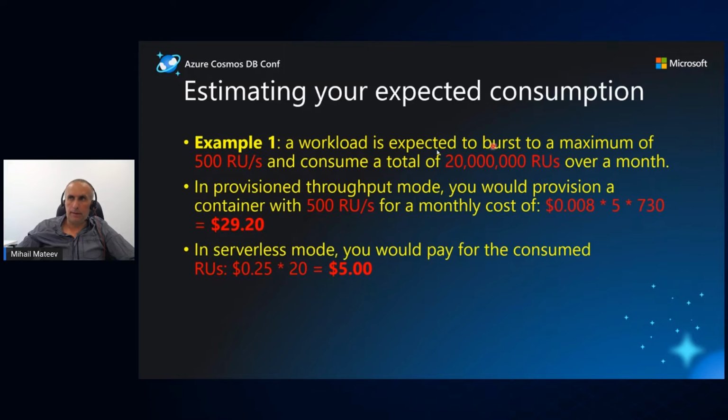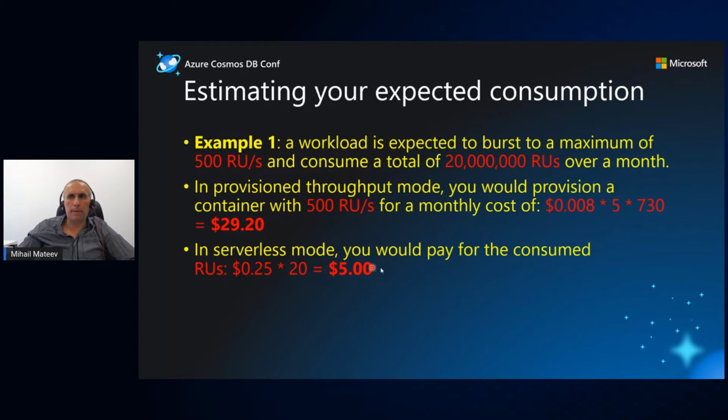Here are examples. In the first example, we have a workload where 20 million request units per month are expected. And we have no very high throughput requirements. It will be not more than 500 request units.